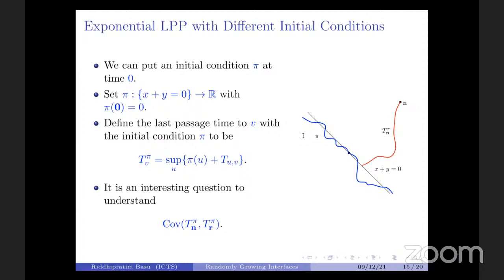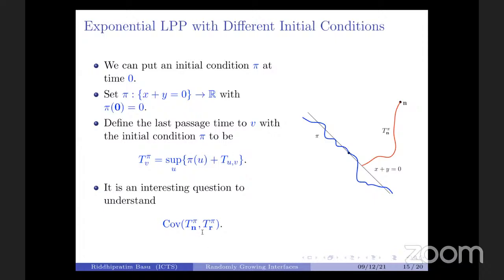You put some random function on that line and calculate your last passage time by adding the value: you start from any point on that line at time 0, go to your destination vertex, pick up some last passage time, and add the initial value to it. Then you maximize over all possible starting points. That's what is known as a last passage percolation model with the given initial condition pi. The question of interest is to understand the covariance or correlation between the interface started from the initial condition pi at time n versus at time r.